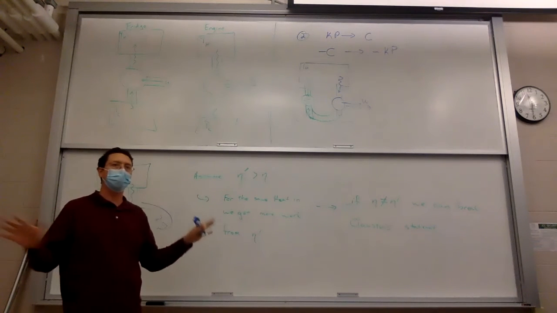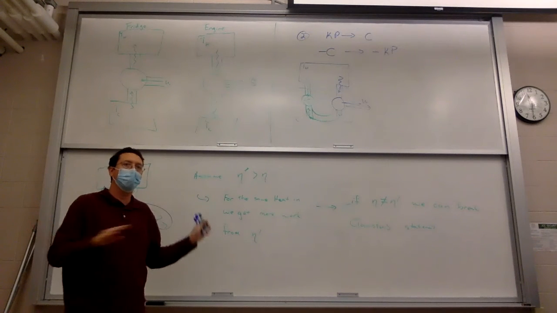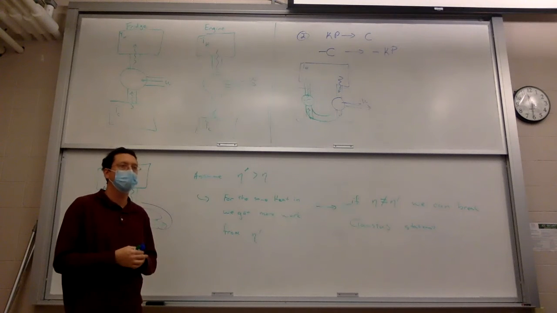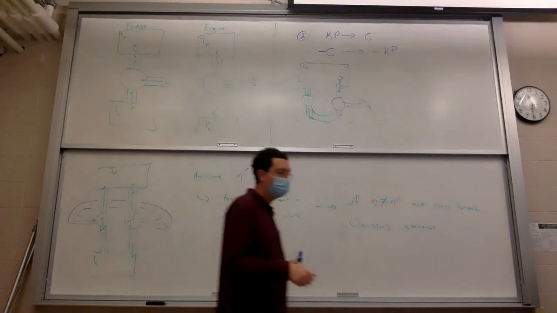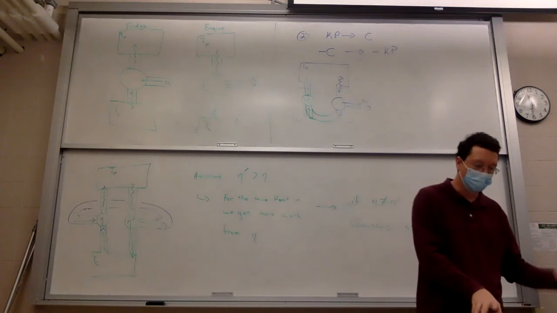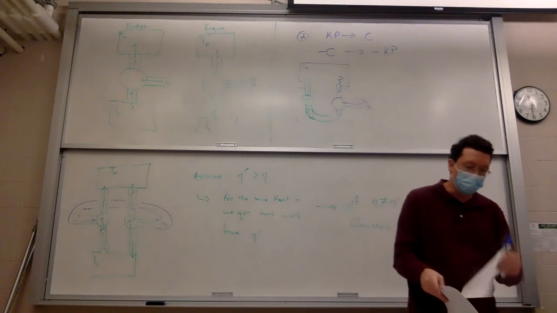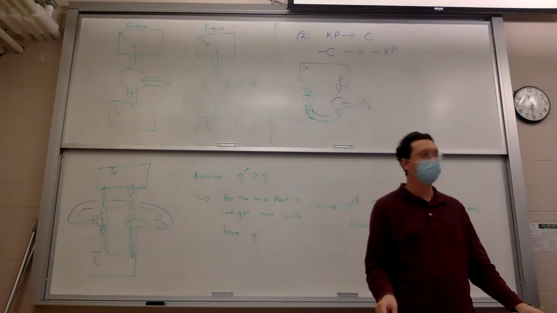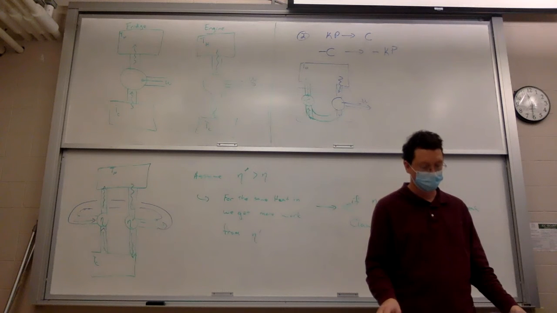None of that matters. You cannot do better than this without breaking the second law of thermodynamics. Full stop. So no amount of tweaking or fiddling around, you're just never going to break these limits.